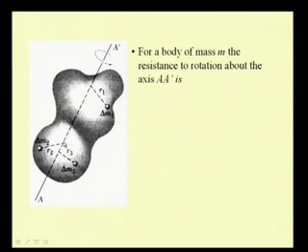Similarly, for other particles like delta m2 and m3 we know their distances, that is say r2 and r3, which are the distances from this axis a prime. So, when we know these quantities, then we can compute the second moment as the summation of the second moments of these particles.